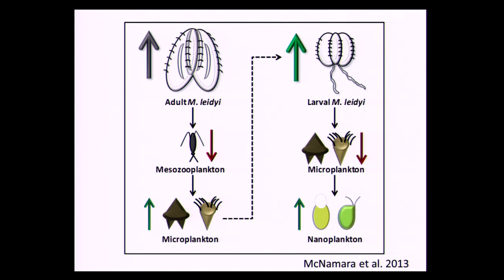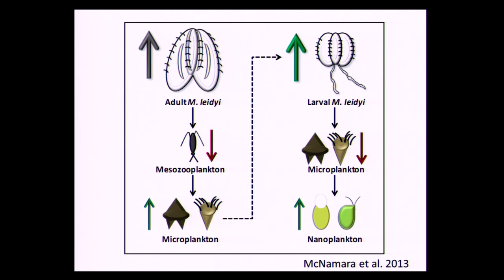just like I had hypothesized, where you have such great abundances, such great densities of the adults, that you're reducing the mesozooplankton, things like copepods, and that is subsequently feeding down the food web to increase the microplankton. Now, when you increase the microplankton, you're actually benefiting the larvae of those ctenophores, because that's what they are feeding on. And that, of course, is going to result in a decrease in microplankton, and it also resulted, I didn't show the data for lack of time, in a further trophic cascade to increase nanoplankton.